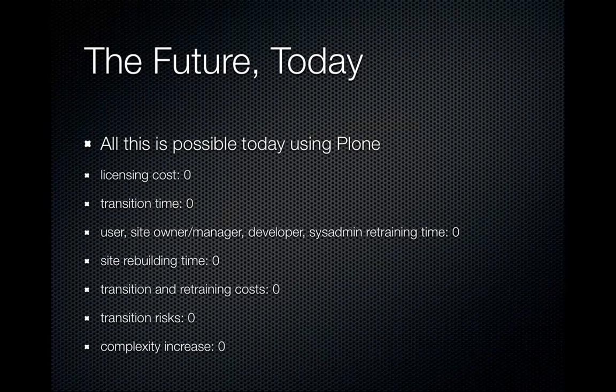So all of this is possible today using Plone with 0 licensing cost, 0 transitioning time, 0 risk. In terms of site rebuilding, we don't have to go back and rebuild sites. We don't have to spend 5 years rebuilding sites or maintaining 2 systems in order to transition to another system that may or may not actually do all of the things that we know today Plone does.